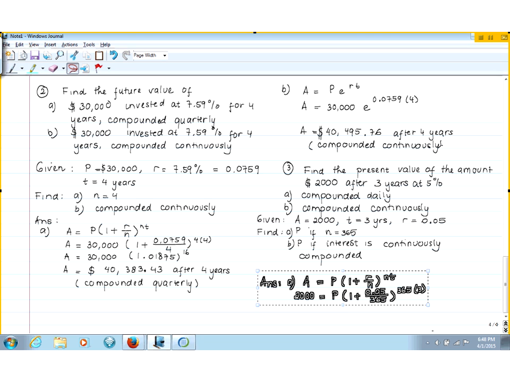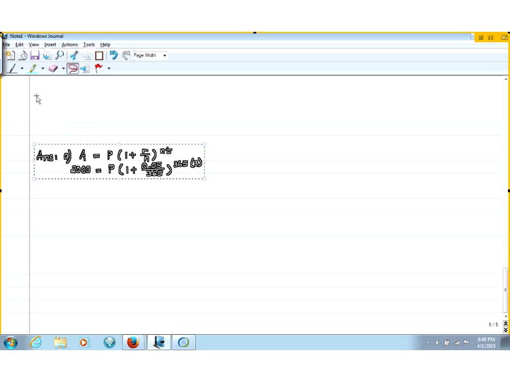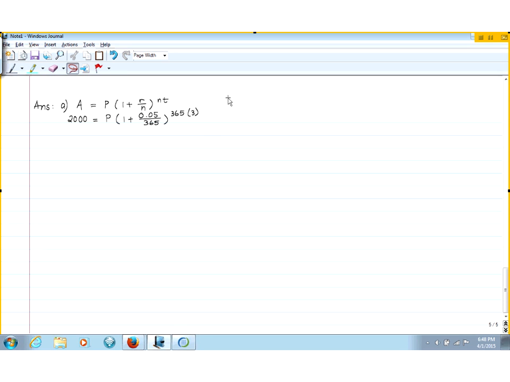So $2,000 is equal to P times 1 plus 0.05 divided by 365, raised to the 1095. Okay, so to solve for P, what we'll do is divide both sides by 1 plus 0.05 divided by 365 raised to the 1095.